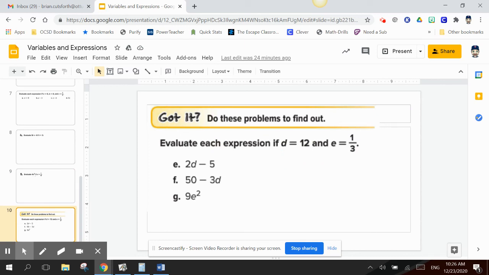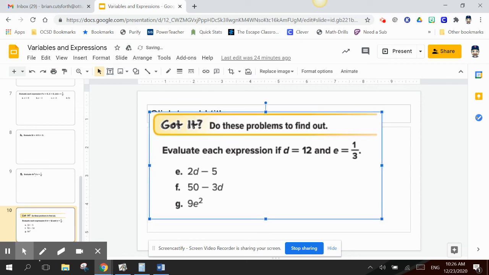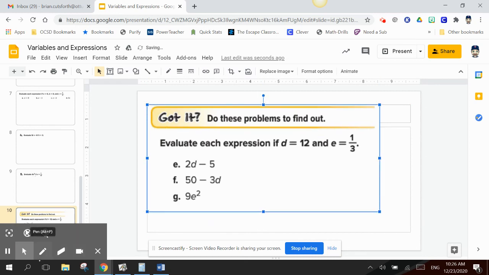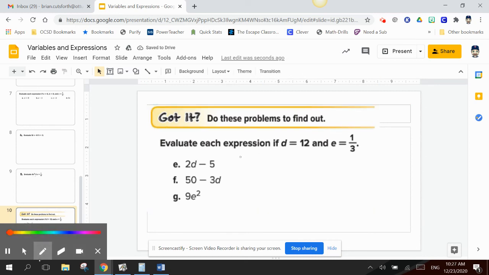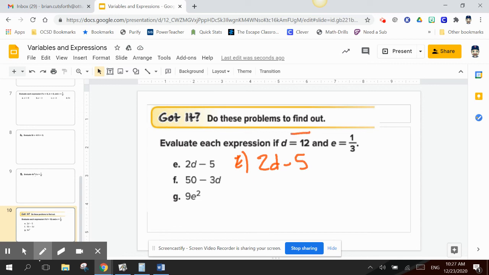So here we'll try a couple of these and you'll do one. Let's do letter E, 2d − 5. D, as we can see up here, is 12.